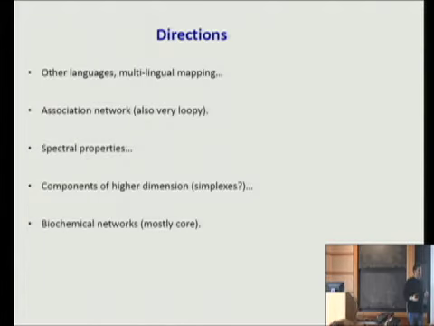What does the graph look like? You look at, let's say, the metabolism inside of an organism. You have a list of 1,000 chemical compounds and how they react with each other, and this defines a graph. And you see that this graph is very loopy, for good reason, I guess.